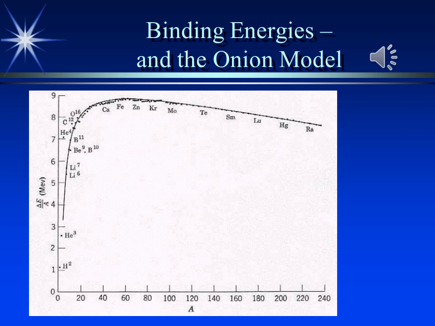What you can see is that we gain some E equals mc squared as we go from helium to carbon to oxygen, etc., until we reach that peak in the middle, and that peak is at iron. If we try to combine irons, we are no longer going to get E equals mc squared, and that is going to tell us what's going to happen to stars.